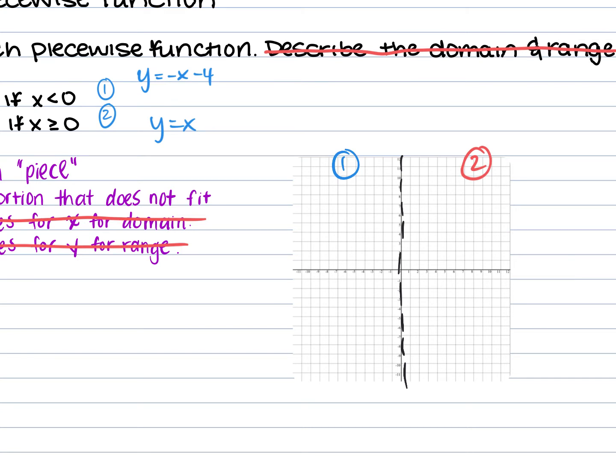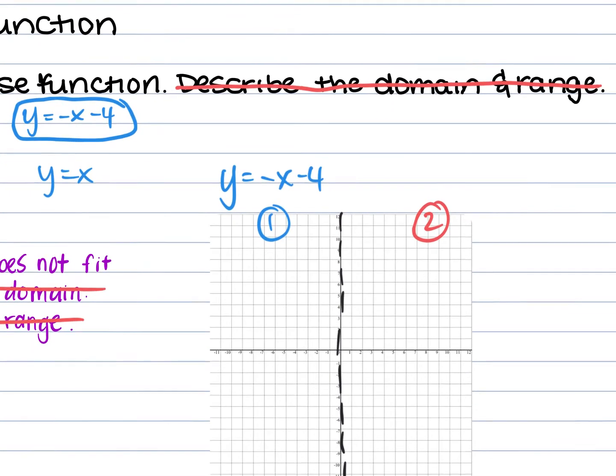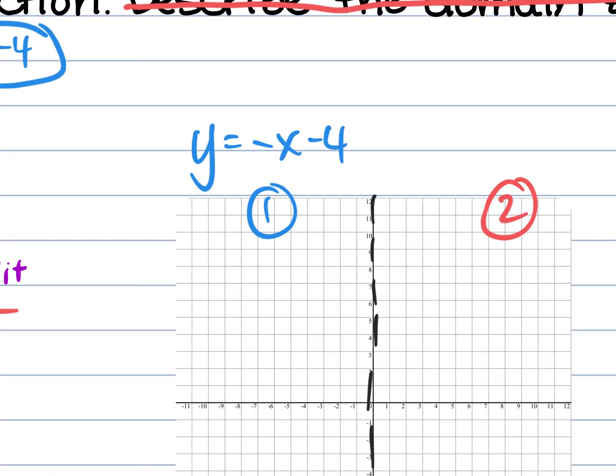On the left side of my graph, I have to graph the function y equals negative x minus 4, which I got from up here for piece number 1. How do I graph y equals negative x minus 4?